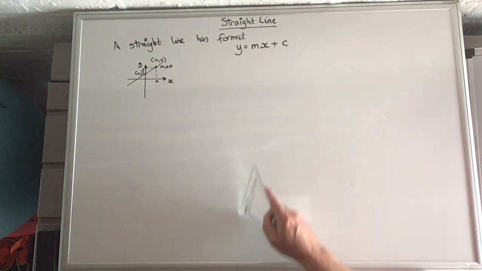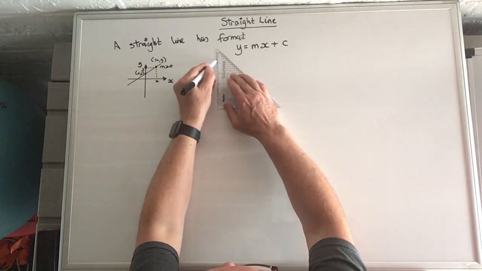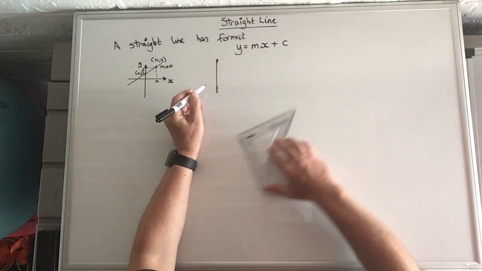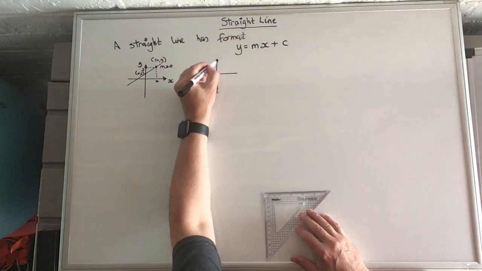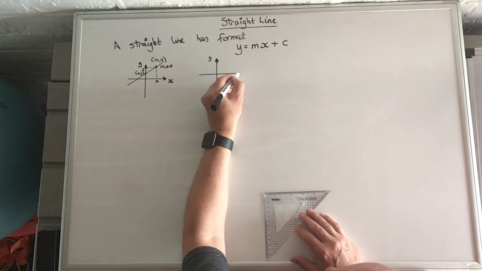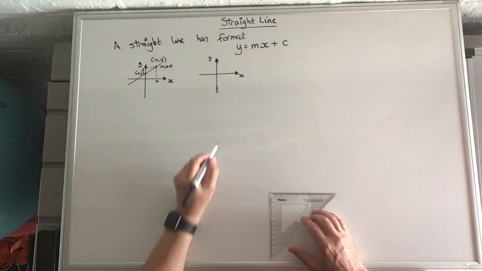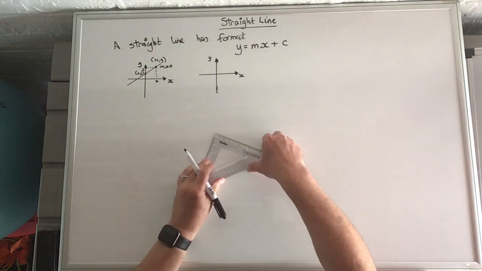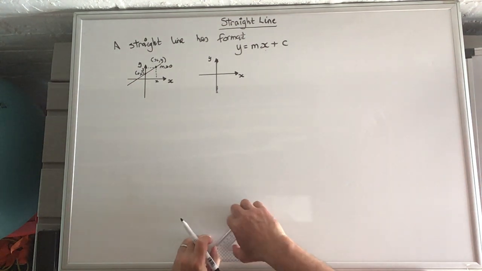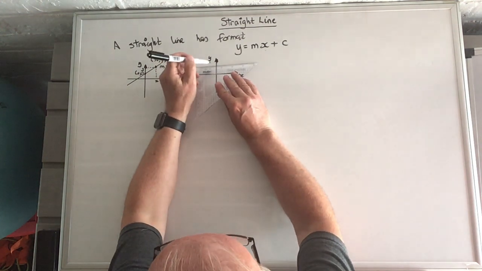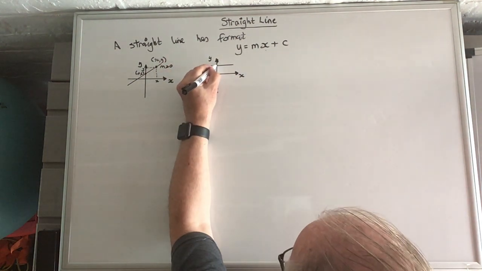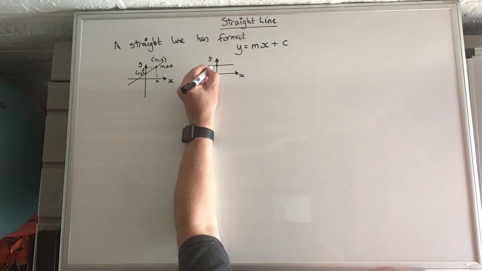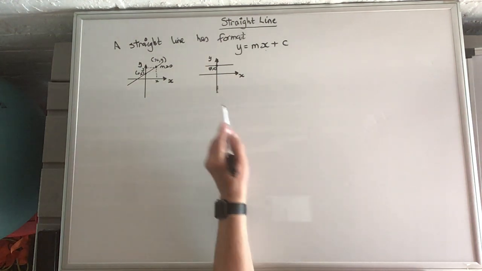Let's look at another, a horizontal straight line, and see what kind of equation we get for that. Here's the y-axis again, x-axis, and let's draw in a horizontal line. We'll put it up a bit here, nice and easy. The point where it crosses the y-axis is (0, c).